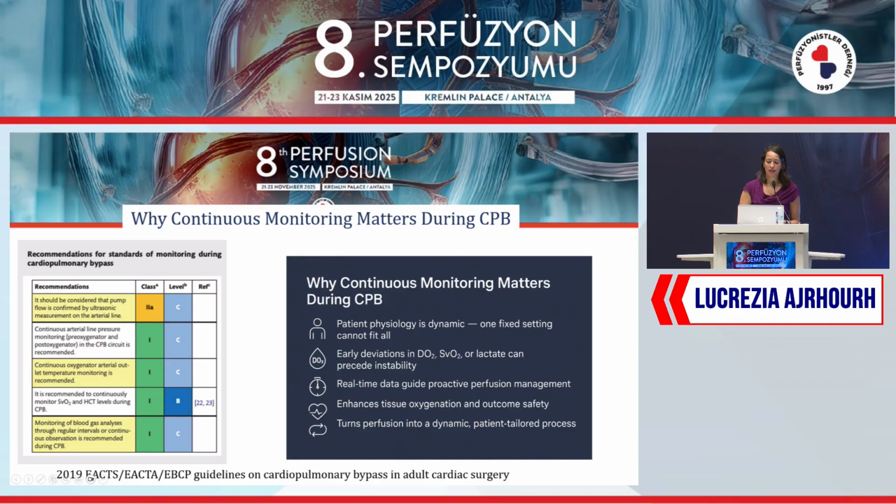So, real-time monitoring allows the perfusionist to detect early deviations in oxygenation, perfusion pressure, and flow distribution. Adjust flow, temperature or hematocrit proactively rather than reactively. Preserve tissue oxygenation even in complex or prolonged cases. Transform perfusion from a fixed setting into a dynamic patient-centered therapy.